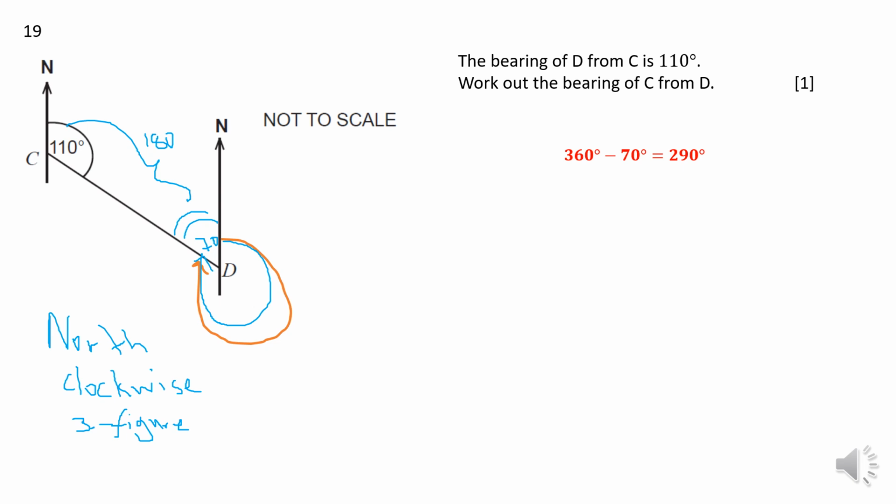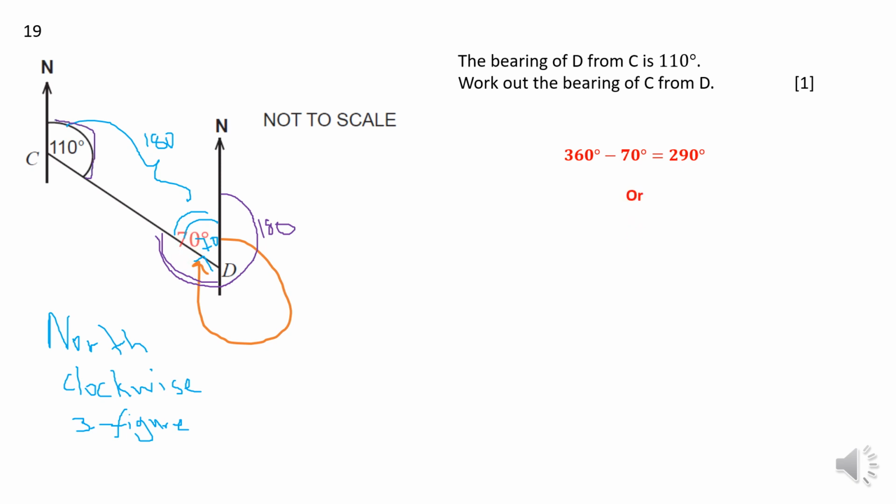Another way could be someone takes a different approach. Okay, let me just clean this up. Someone could say, well, I can do this. I can find the distance from here all the way up to there. That is 180. And then I must only add this little part here, which so happens to be equal to that part there.